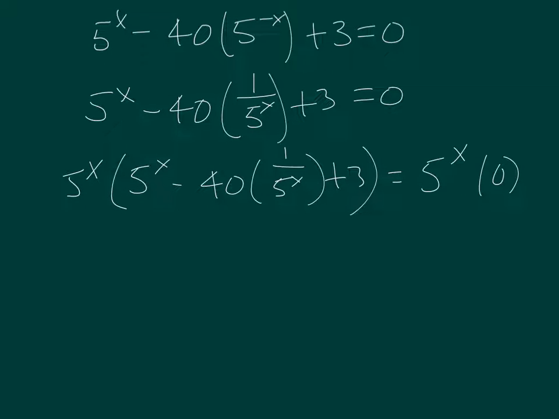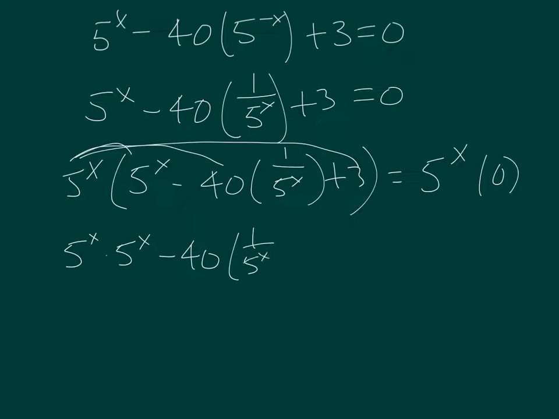When we do this, we're going to distribute 5 to the x over these three terms. So we'll wind up with 5 to the x times 5 to the x minus 40 times 1 over 5 to the x times 5 to the x plus 3 times 5 to the x, and we still have 0 on the right.